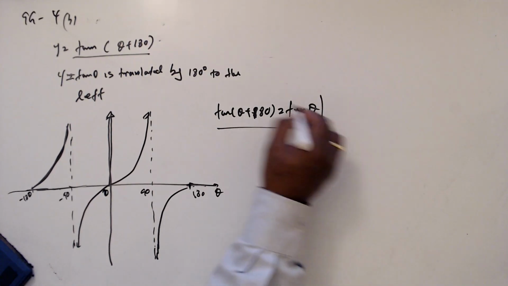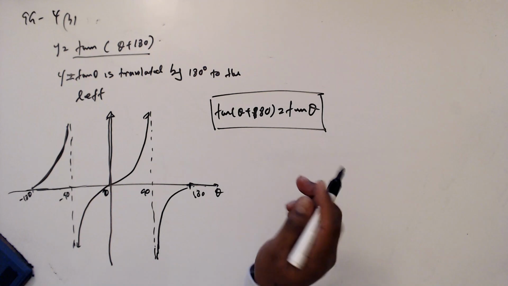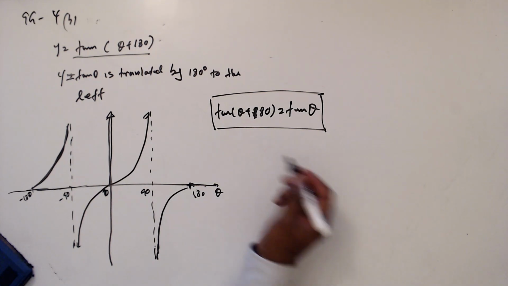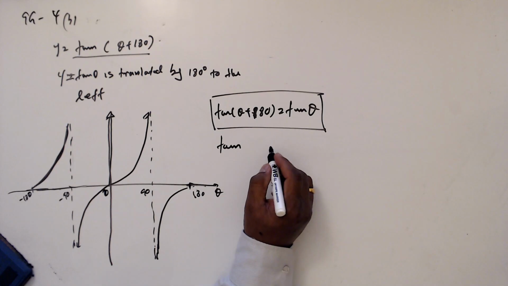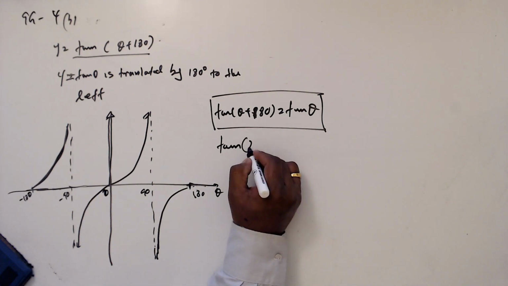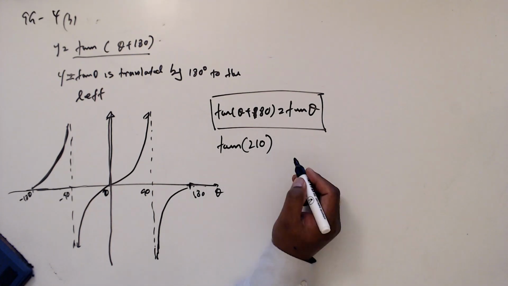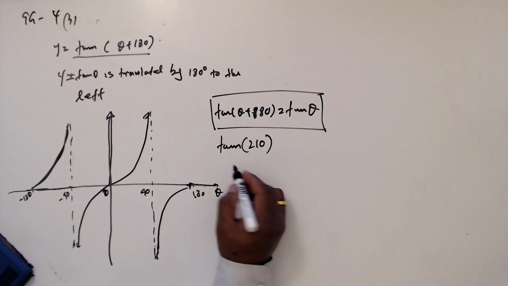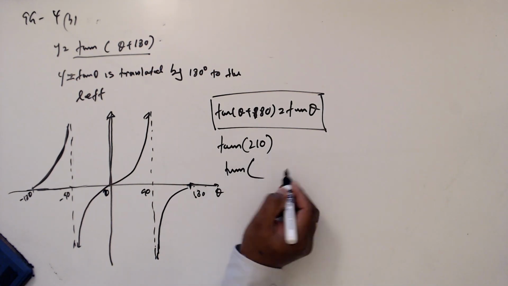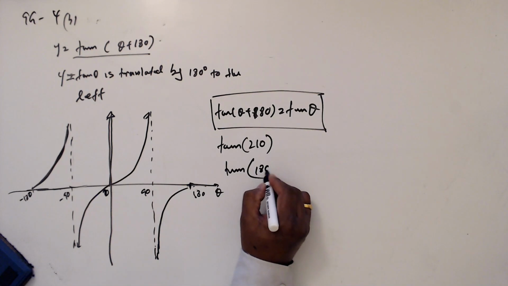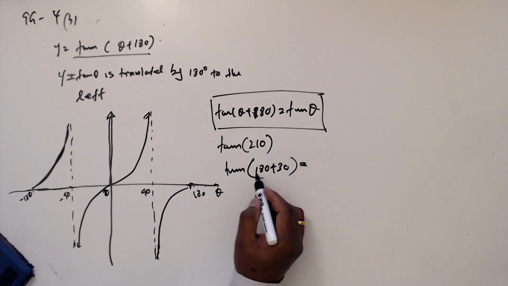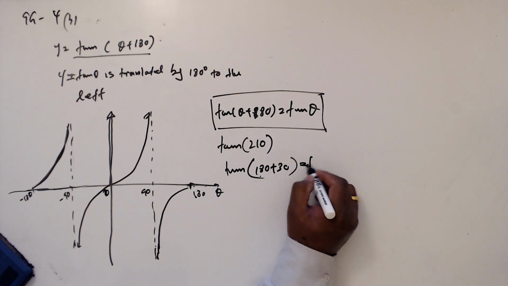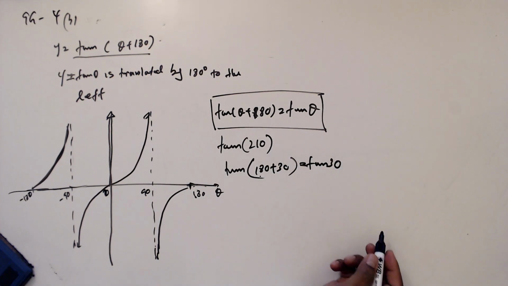This is a good equation that we can use if we see tan 210. To simplify tan 210, we are writing tan 180 plus 30, 210. It means we can drop this 180 and we can write equal to tan 30.